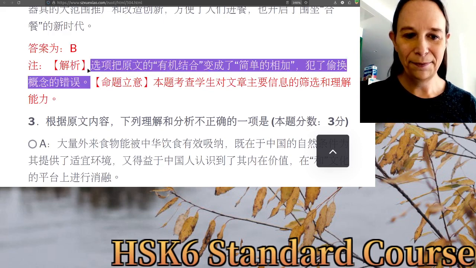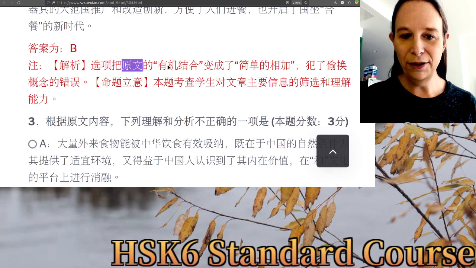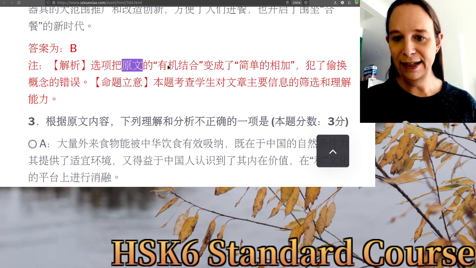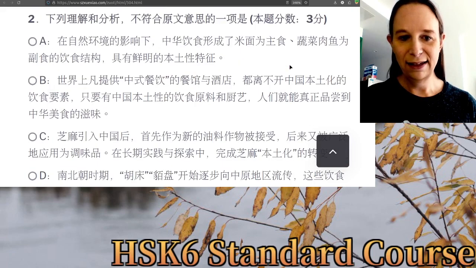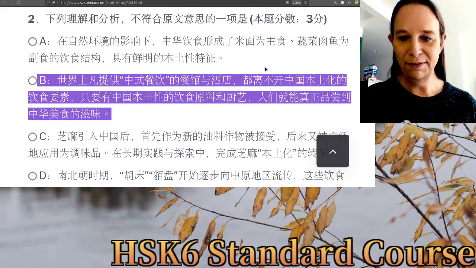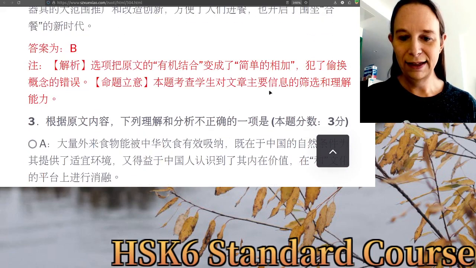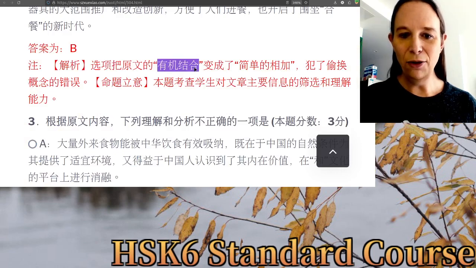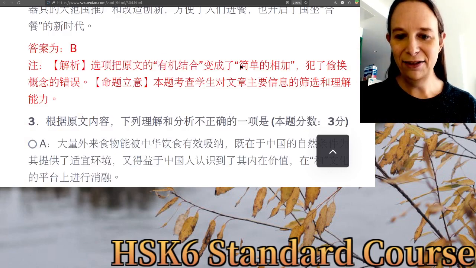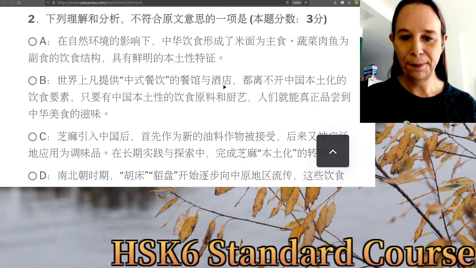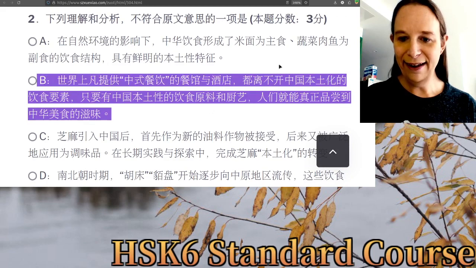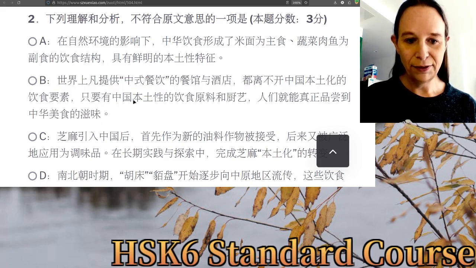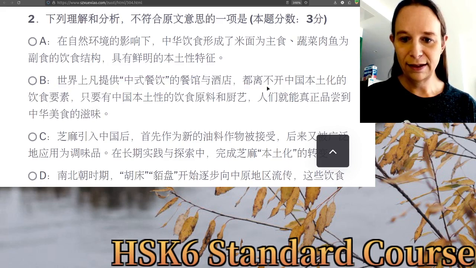But what does it mean? 选项把原文的有机结合变成了简单的相加。相加 put together. So organically synthesized changed to simply added together. Yeah, all right. So that, where's the error? Oh, 离不开.